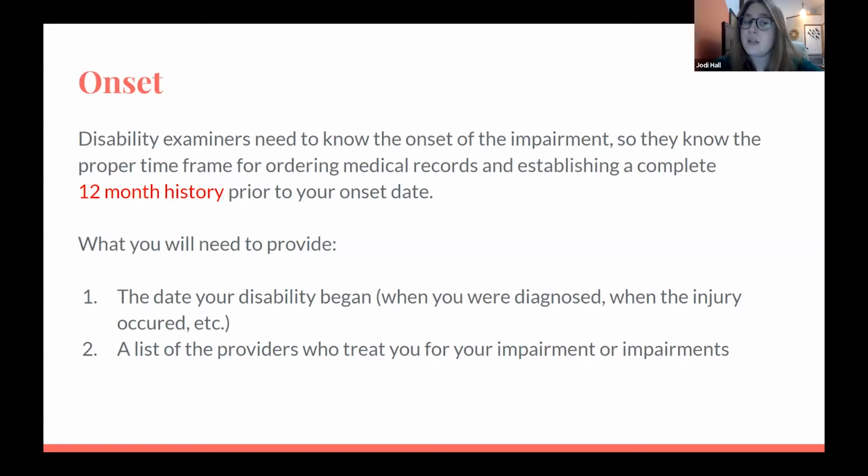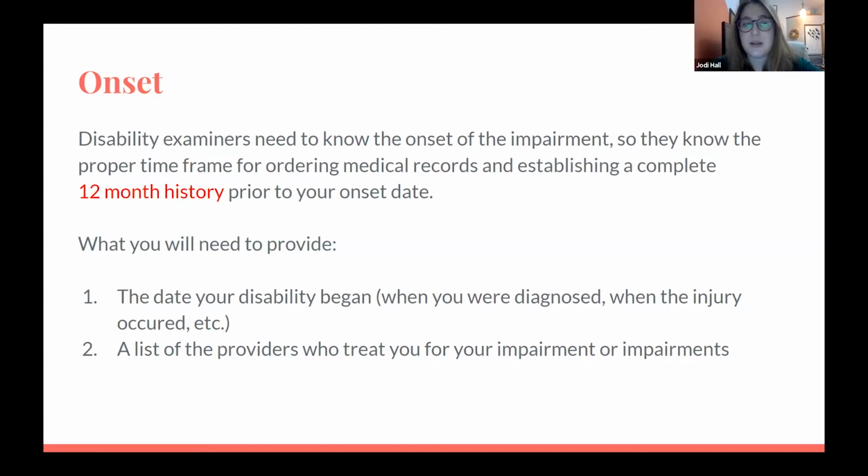But what you will need when you're applying online is a list of providers, so your doctors that you see for your impairments, the list of medications that you take along with any kind of side effects that those medications give you. And most importantly, you'll need your onset, which is the date that your disability began. So if you are diagnosed with vasculitis on a certain day and a month later you stopped working, the date that you stopped working would be your onset.